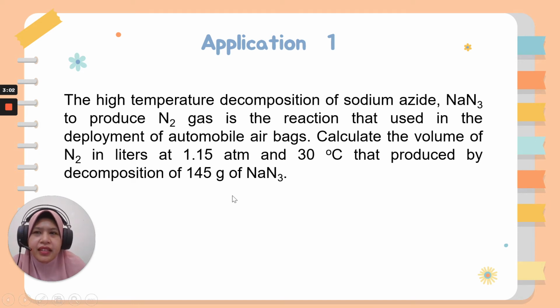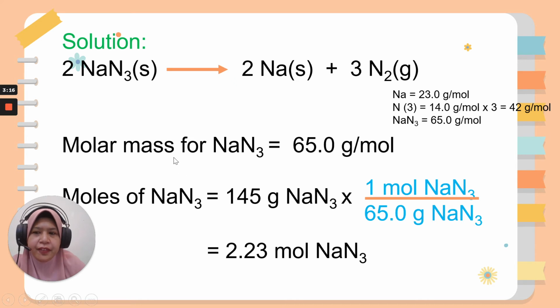So we can use the ideal gas law to find the volume. First, we have to find the number of moles of nitrogen produced. But first, we need to find how many moles of sodium azide are in 145 grams.